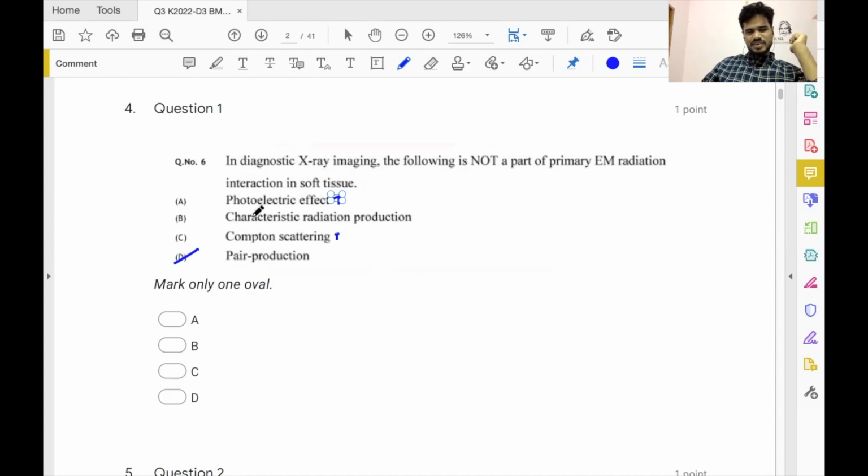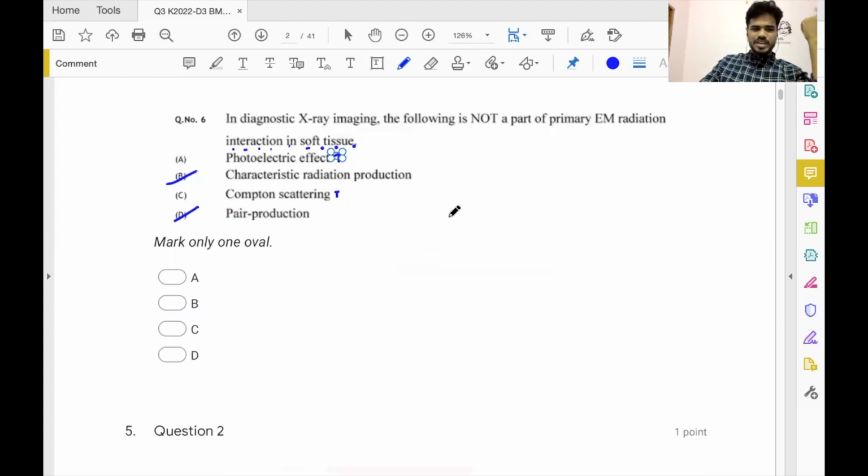This is when there are jumps between electronic shells, giving out specific K to L, M to L transitions. That happens in X-ray production, not in radiation interaction with tissue. So B and D are correct here.